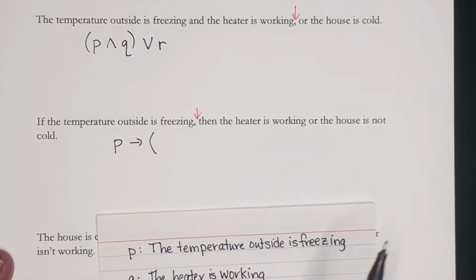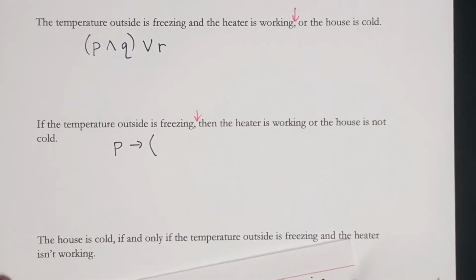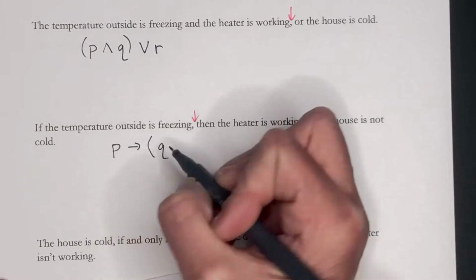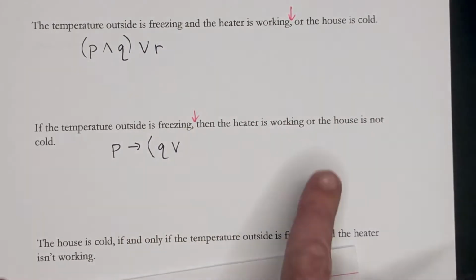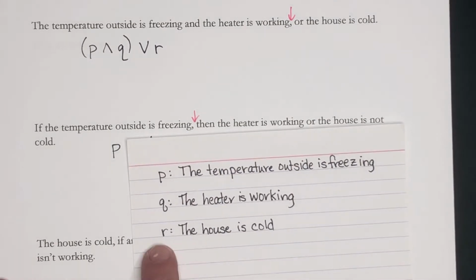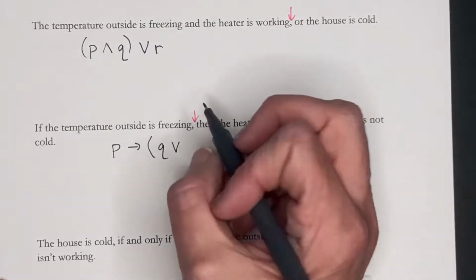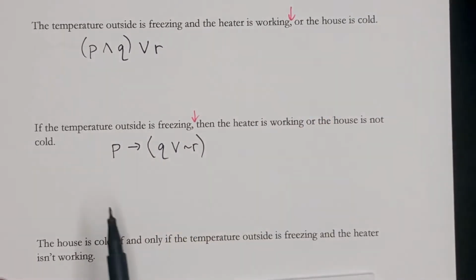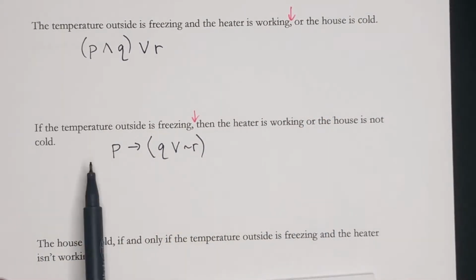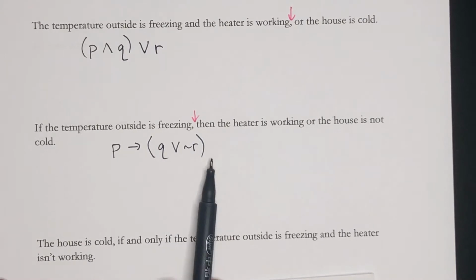The heater is working, that is Q. Or the house is not cold, that would be not R. So this English statement translates to this in our symbols.